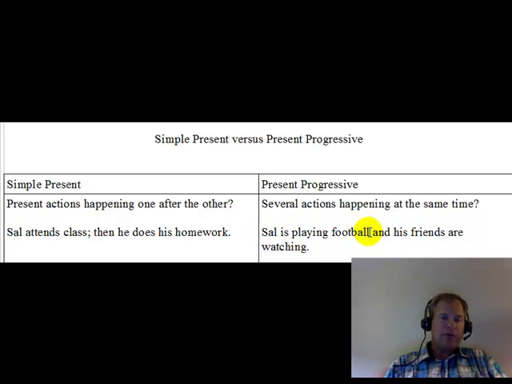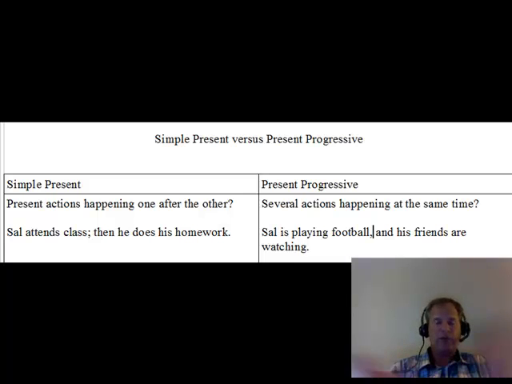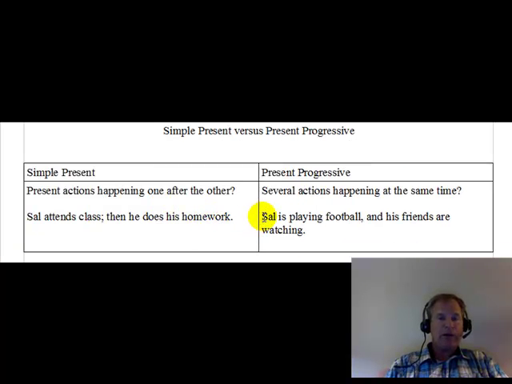Now, a lot of books, this is kind of a side issue, but a lot of writing handbooks, they'll say the comma that separates the two independent clauses is optional, especially since the first independent clause is only 4 words. There's no danger of misreading the sentence. Anyway, so in this case, if you're talking about present actions happening one after the other, as in this example, the simple present works very well. Now, if you're talking about two actions maybe happening at the same time, and you're discussing things in the present, then maybe the present progressive is your better choice.